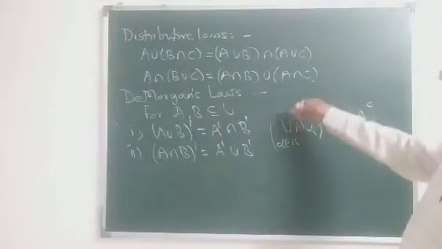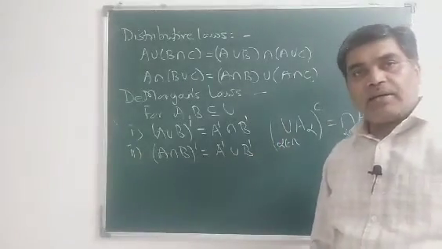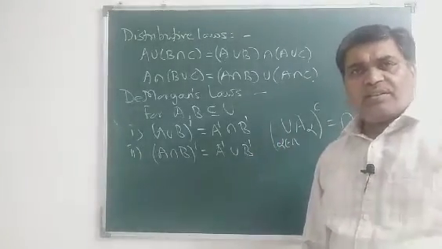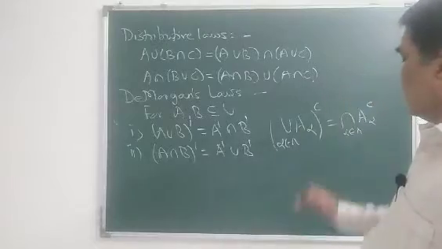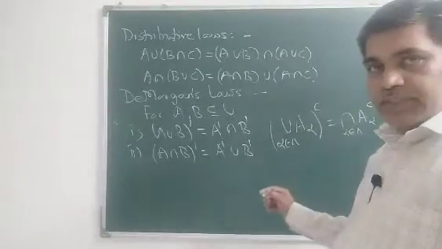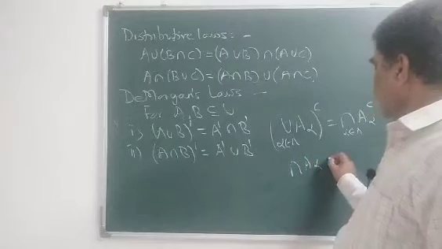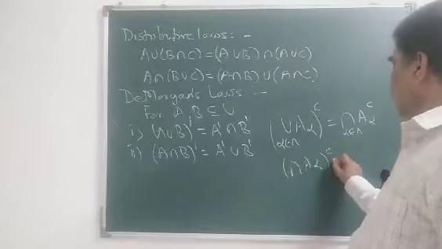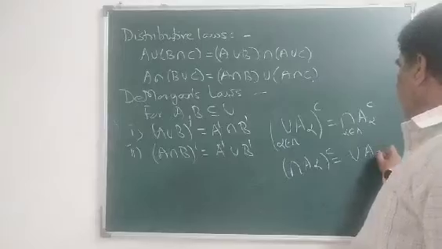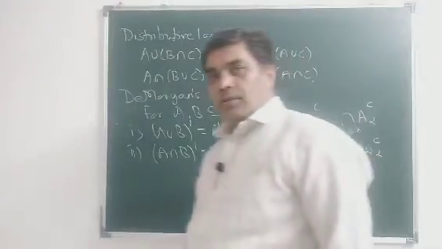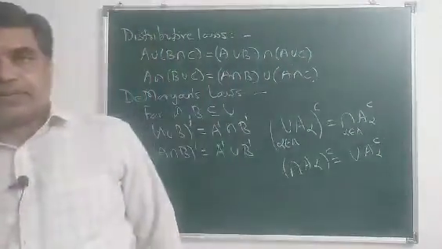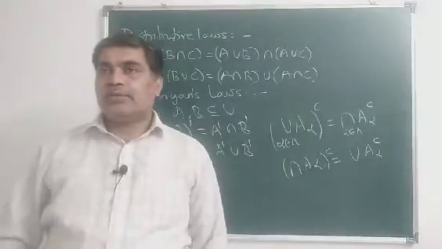This union may be finite, a countable union, or a union of an arbitrary number of subsets. Similarly, the complement of the intersection of A alpha is the same as the union of A alpha complement. These laws are extended. Okay, so these are De Morgan's laws.